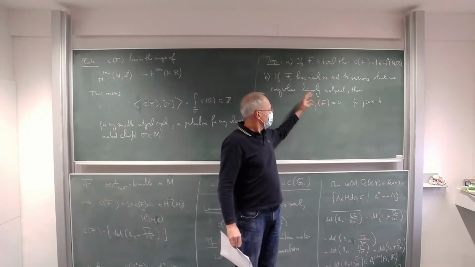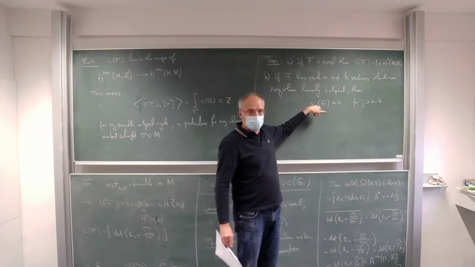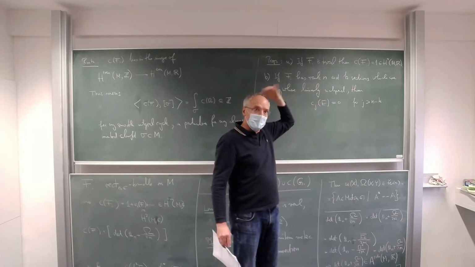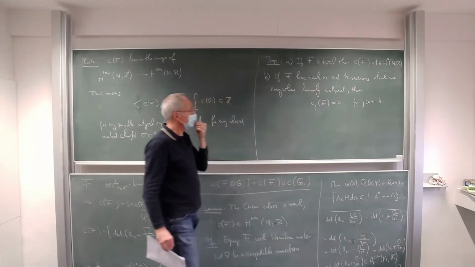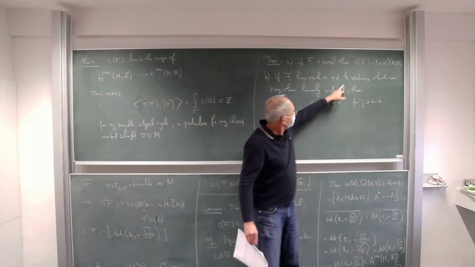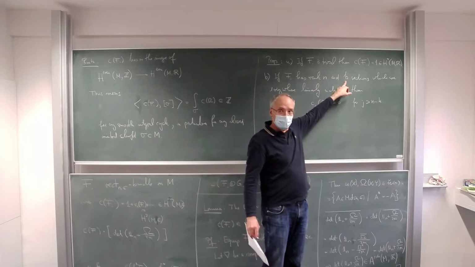And turning things around, this will tell us that if some of the Chern classes can be computed and turn out to be non-trivial, then not many of these sections can exist. So that's a measure of triviality of the bundle, if you will. The more everywhere linearly independent sections you have, the more trivial the bundle is.